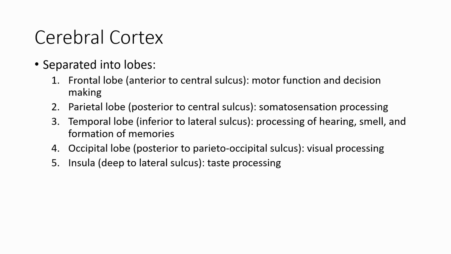So parietal lobe will handle that, so your sense of touch. The temporal lobe is going to help process your hearing, your sense of smell, as well as memories. And then the occipital lobe is really just worried about visual, processing all the visual information you bring in. And then I mentioned the insula, which is deep to the lateral sulcus, so we're going deep in, that's where we process taste.